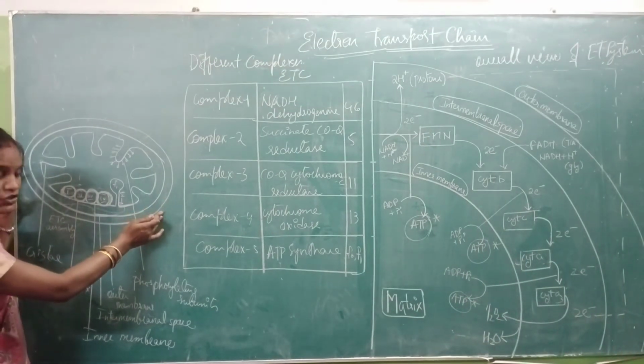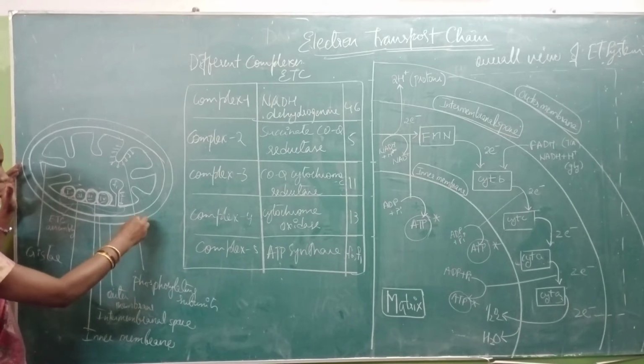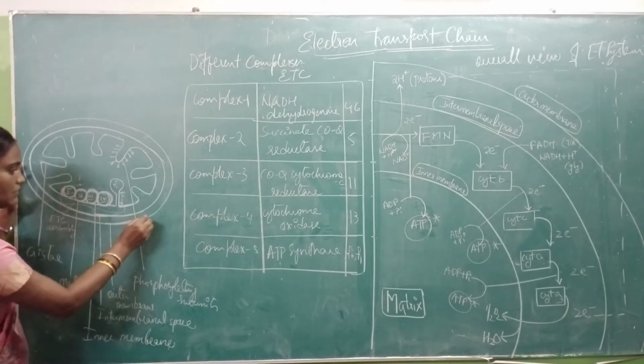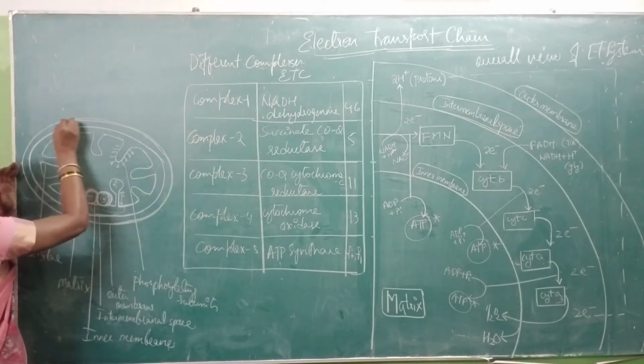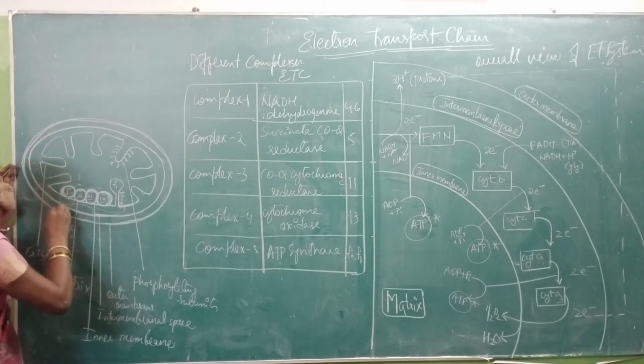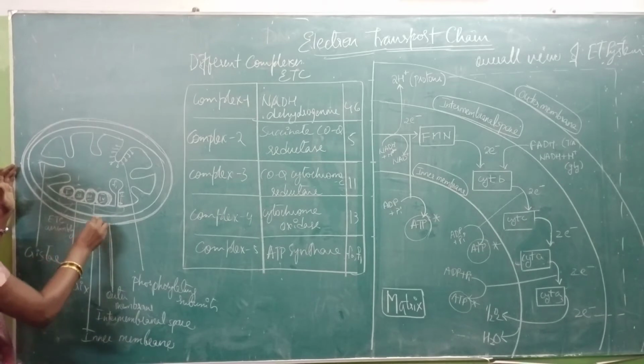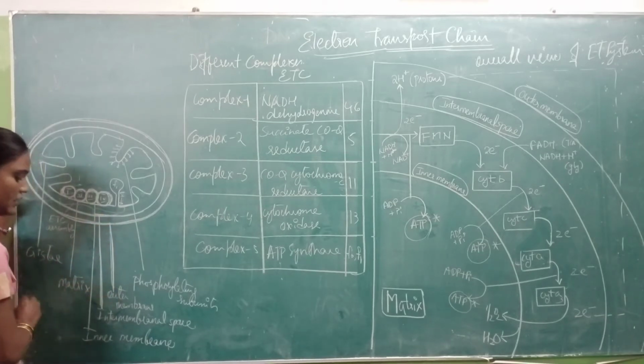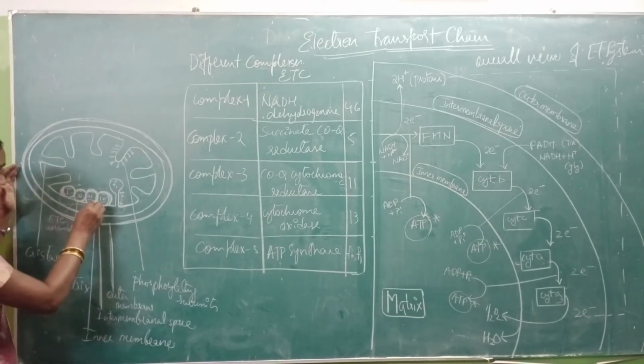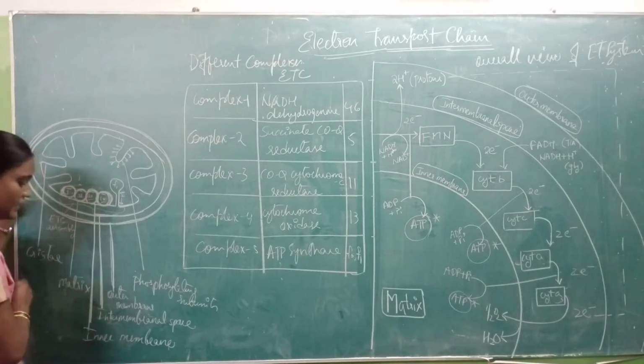Coming to the structure of mitochondria, this is your outer membrane. This is your intermembranous space, and this is your inner membrane.